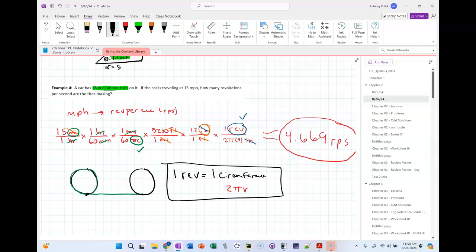Max? How many decimal places on average should we stop at? If the directions don't tell you, usually 3 is fine. But that's one of those things that depends on the directions. You know what I mean?